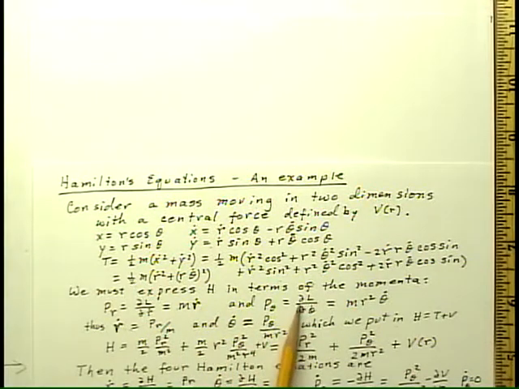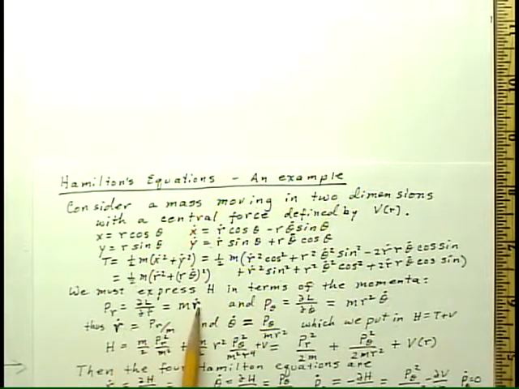Likewise, to take the partial of L with respect to theta dot, we get this term right here, 1/2 m times 2, which kills the 1/2, theta dot times r squared, because there's an r squared term here. This gives us our radial momentum as m times r dot, and our angular momentum, m r squared theta dot.